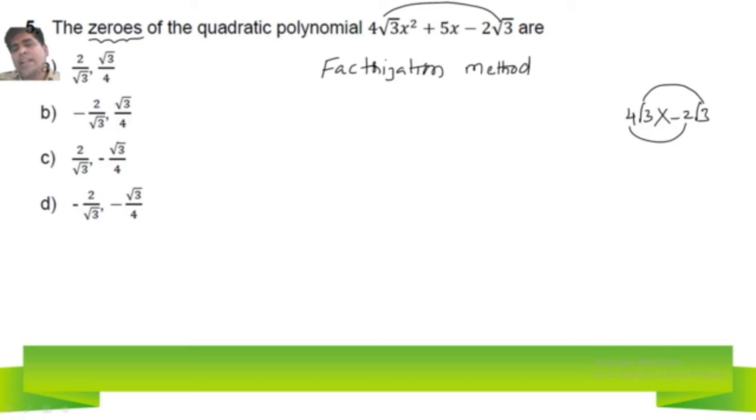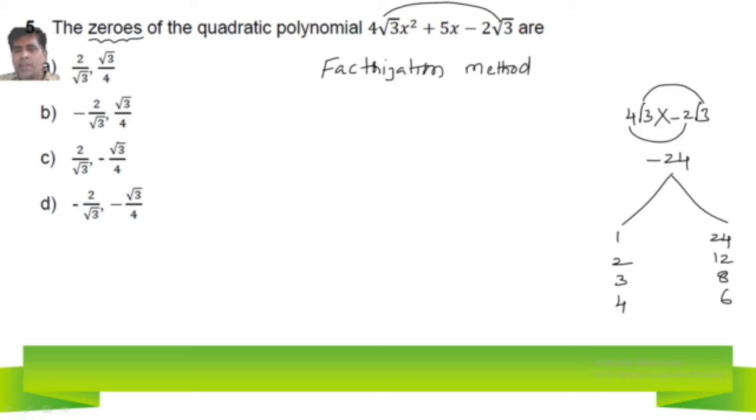So in total you get 8 into 3, minus 24. For minus 24, what factor pairs do we have? 1 24s are 24, 2 12s are 24, 3 8s are 24, 4 6s are 24.